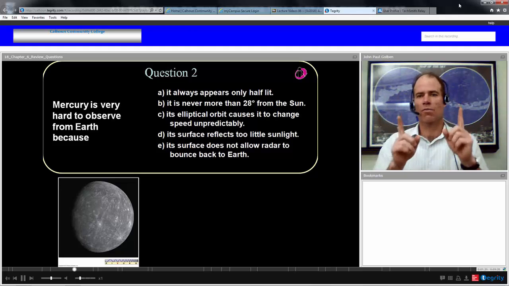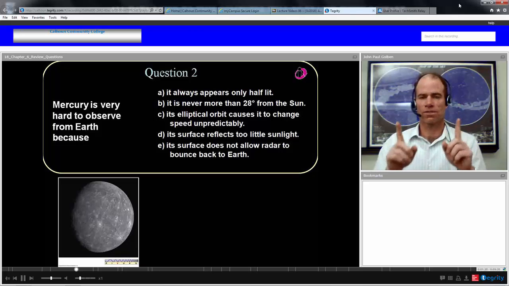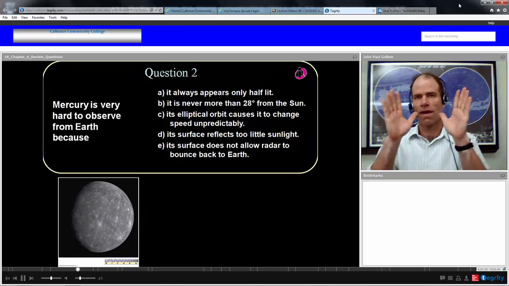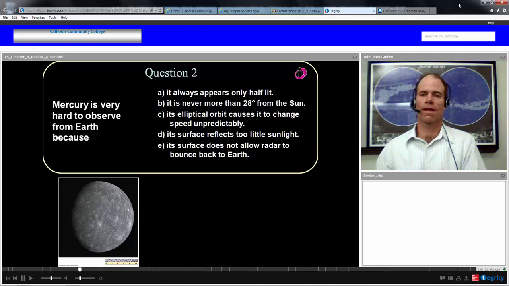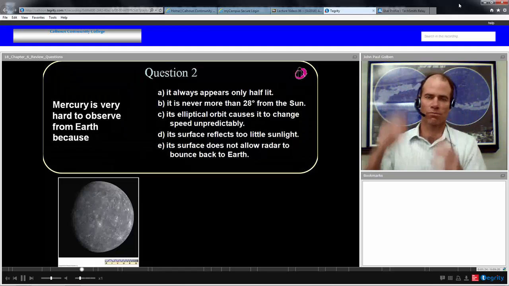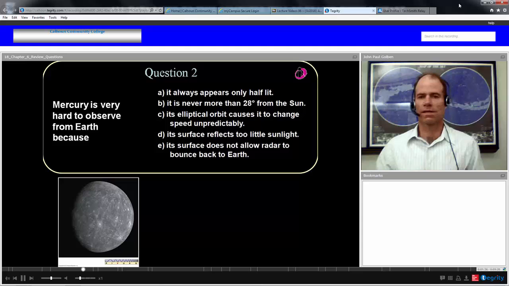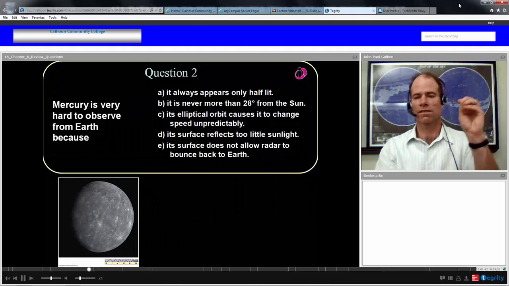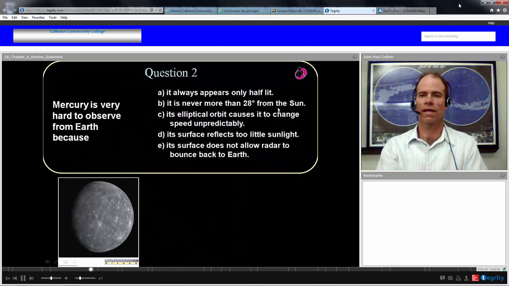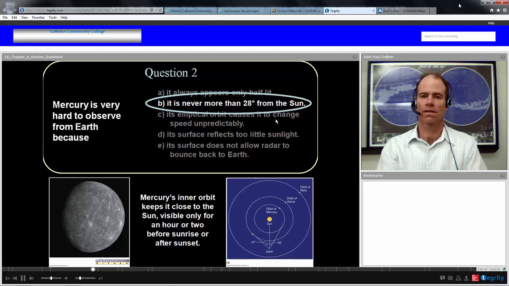So it's never more than 2 hours from the sun in terms of angular distance, and hence the sun is always going to be too bright. So your best chance is right after sunset or right before sunrise, and only when it's near that greatest elongation at 28 degrees from the sun. So that's our answer.